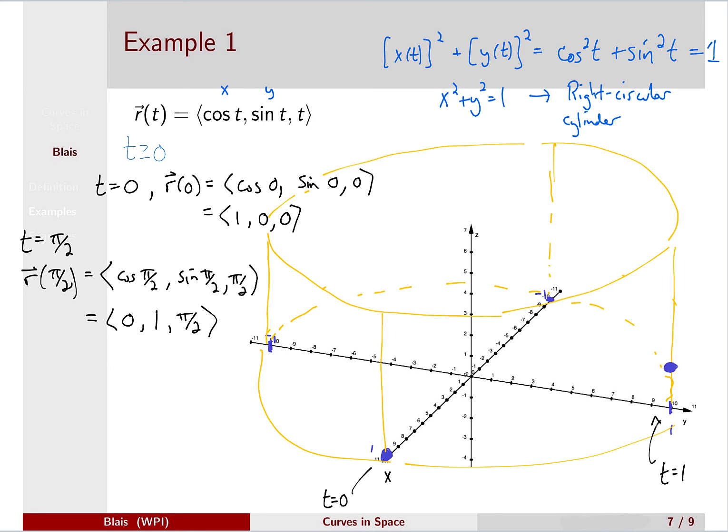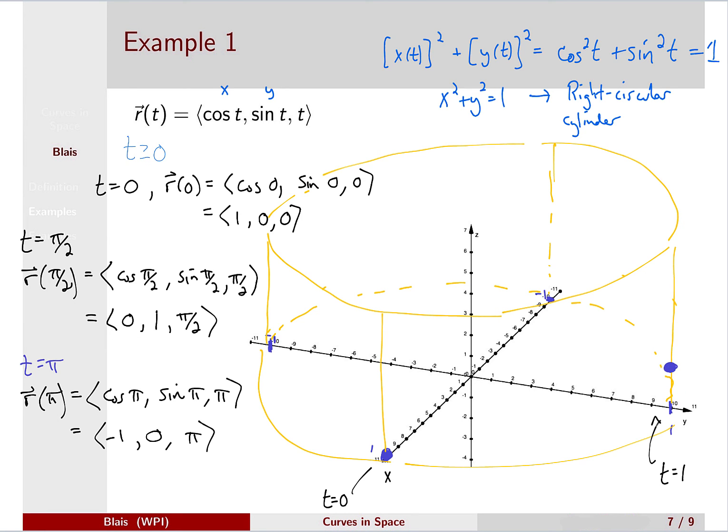If we go to t equals pi, r of pi is cosine of pi, sine of pi, and pi. Cosine of pi is -1, sine of pi is 0. So now the x value is -1, the y value is 0, but our height is higher, twice as high as it was at this previous point.